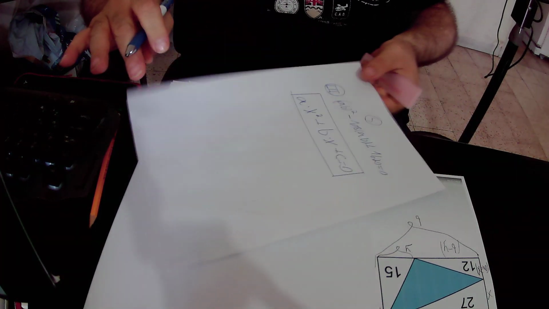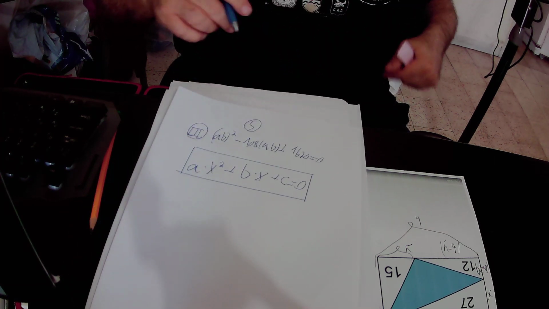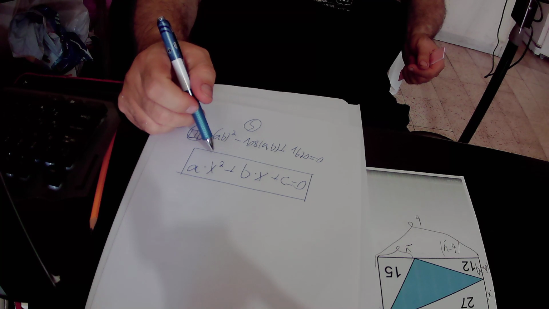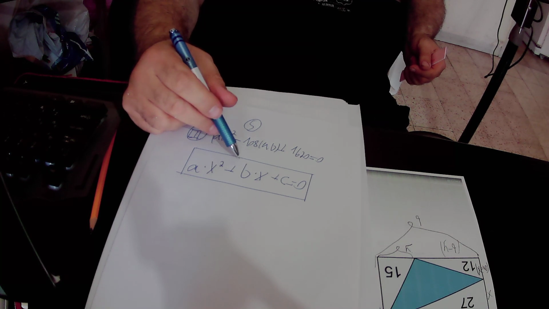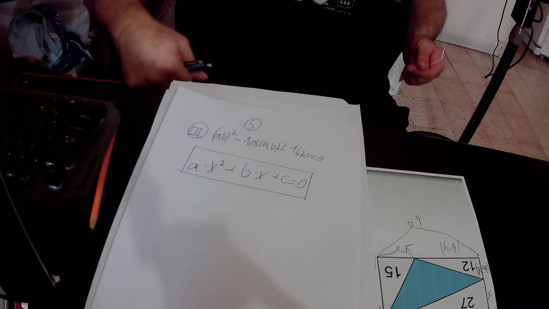So this is the general form of a quadratic equation: a times x squared plus b times x plus c equals 0.